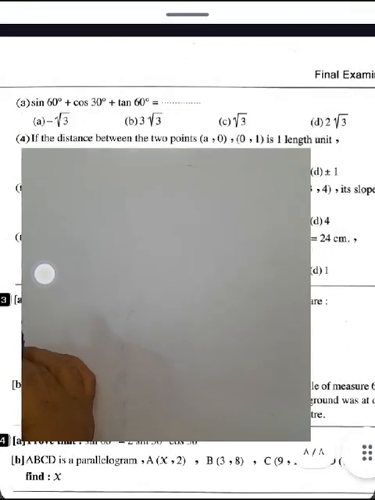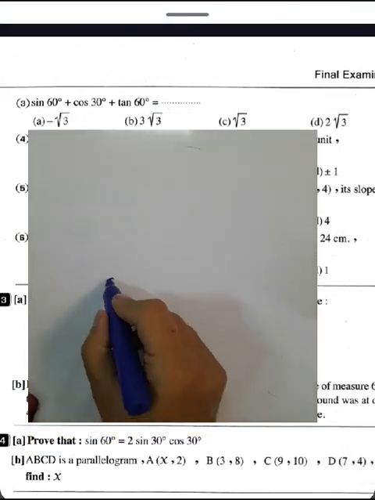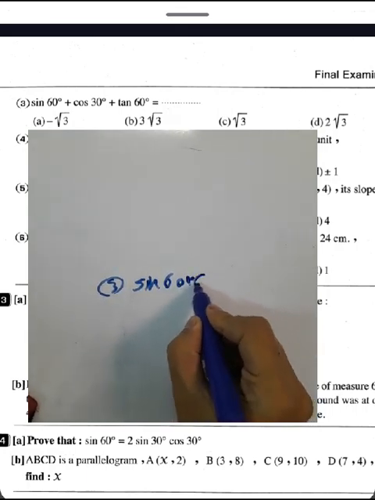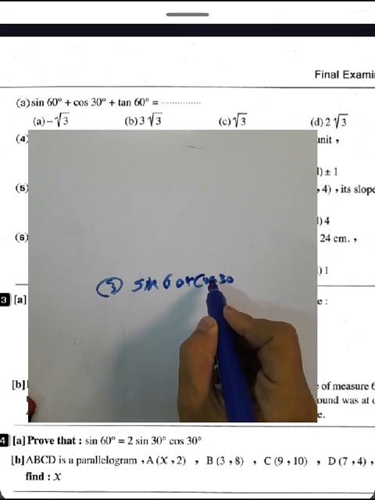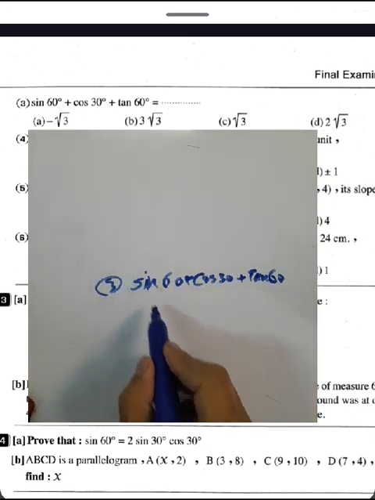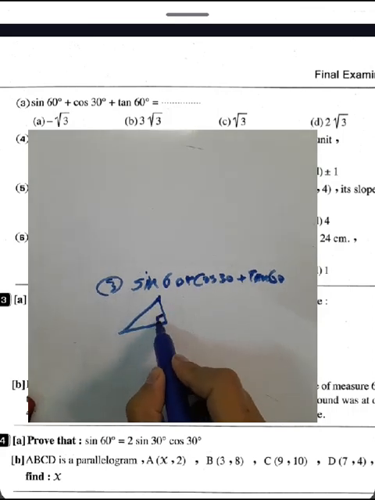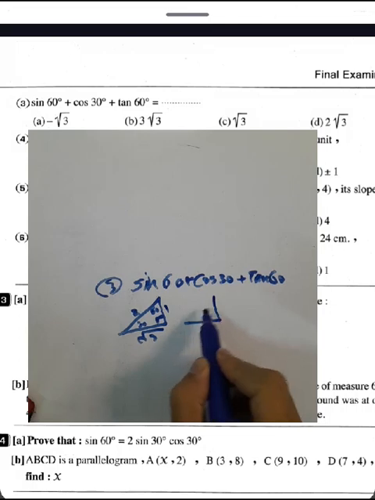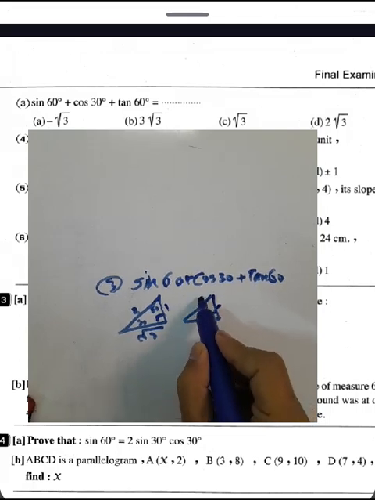Question number 3. Sine 60 plus cosine 30 plus tan 60. We have 60, 1 and 2 and root 3, an isosceles triangle.